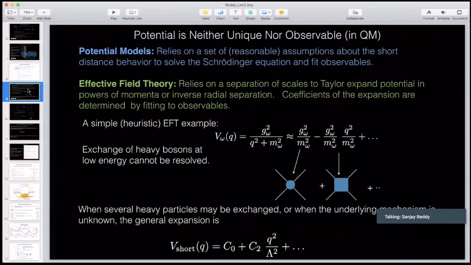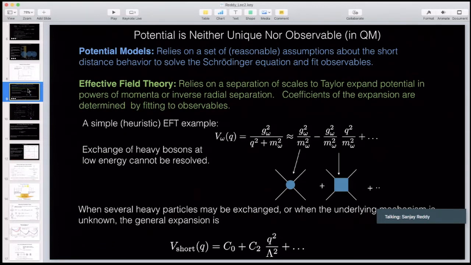So instead of having a model, you can have a general expansion in terms of these momenta, where C0 and C2 are called low energy constants. Okay, so now we're trying to get away from any kind of model dependence. We are just trying to figure out if there is a hierarchy of scales. As long as lambda is large compared to q, there should be a general expansion of this sort.